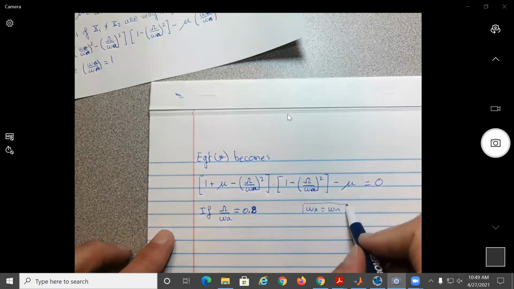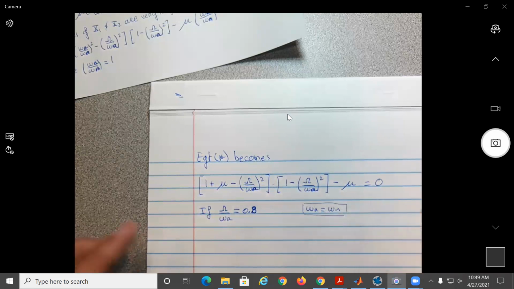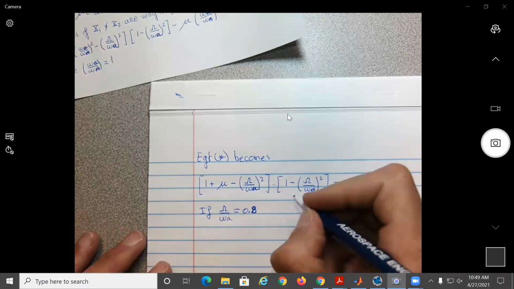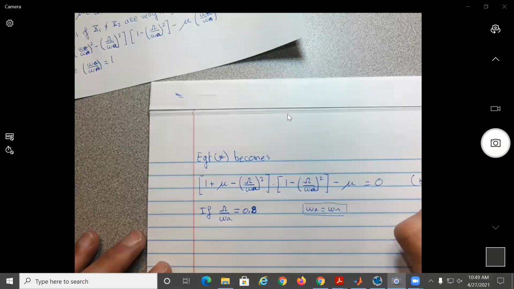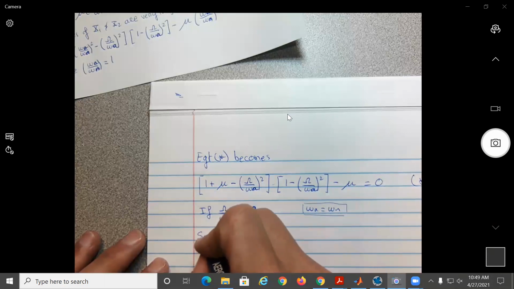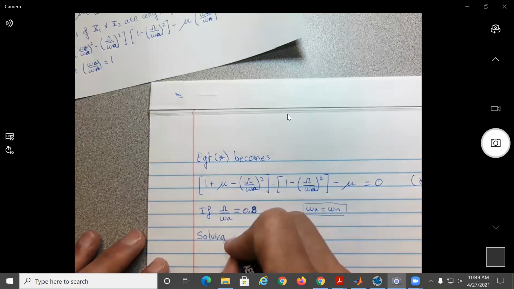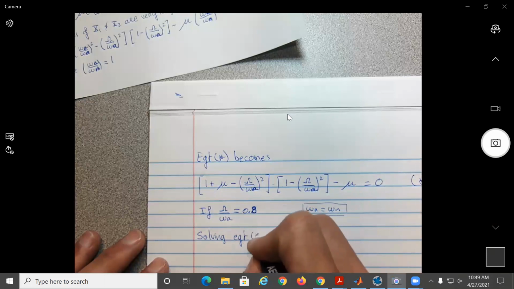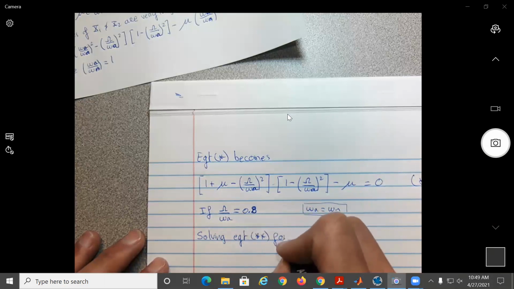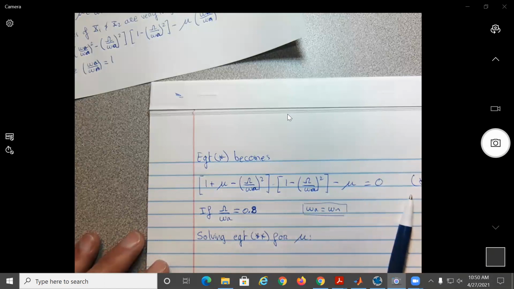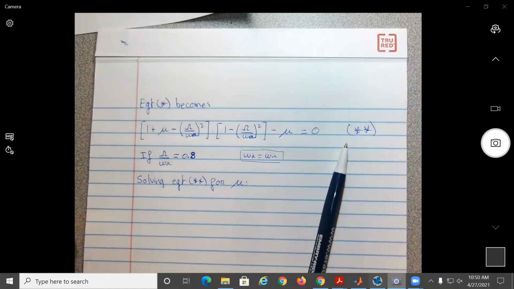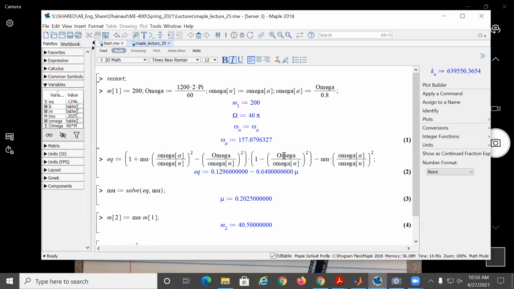So under this condition, if we go solving, what would be the only unknown? It would be mu, no? So solving equation double star for mu, which is what I did on Maple. Basically, I did all this stuff in Maple. Let's look at it again.